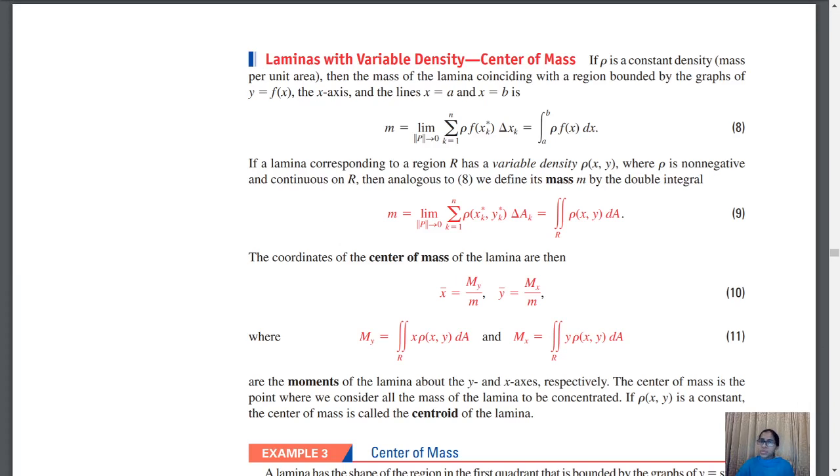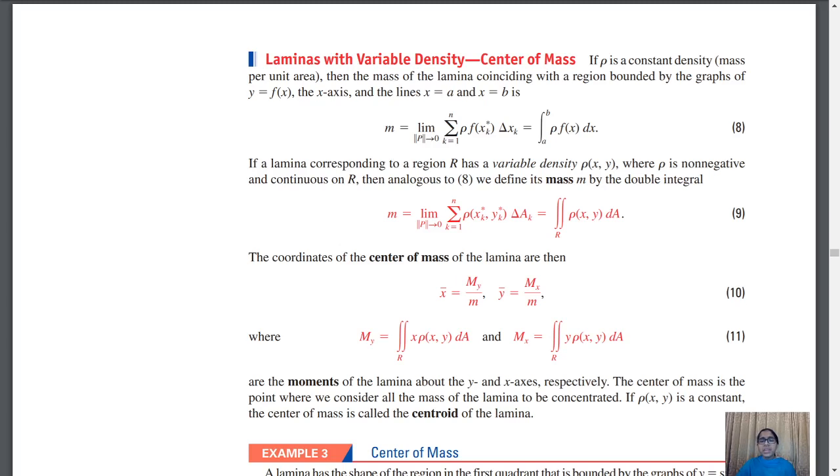Now we are moving on to double integrals. That happens when the region we are considering has a variable density rho of x comma y. There it was just a constant density, and in this case we have a variable density rho of x comma y, that is, the density is a function depending on x and y.